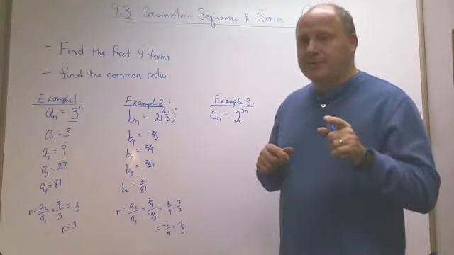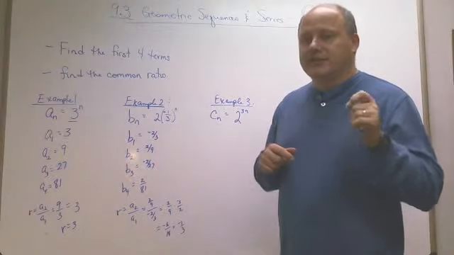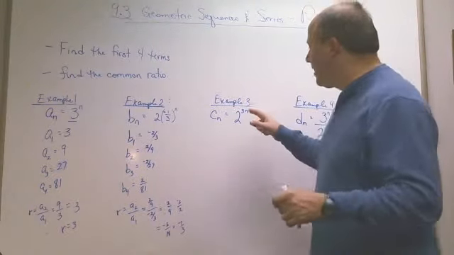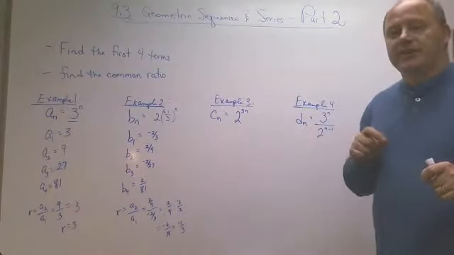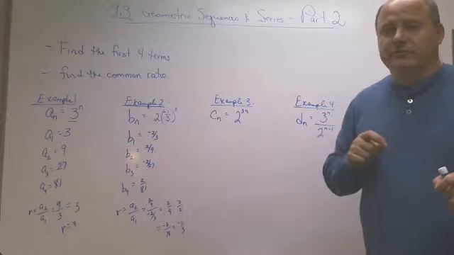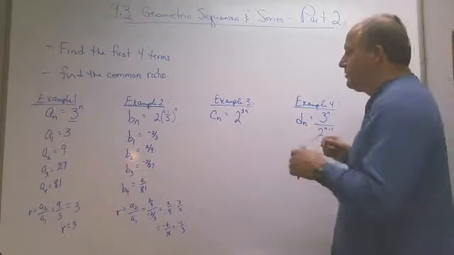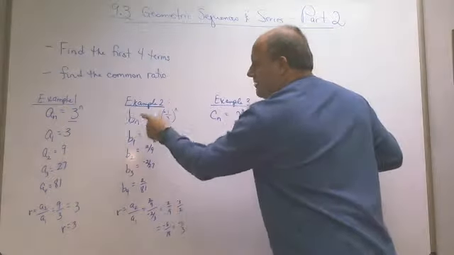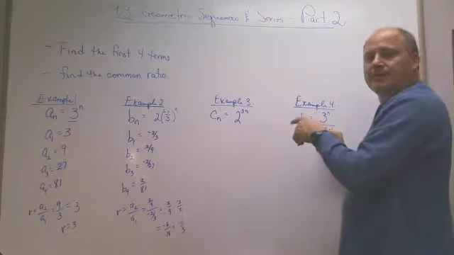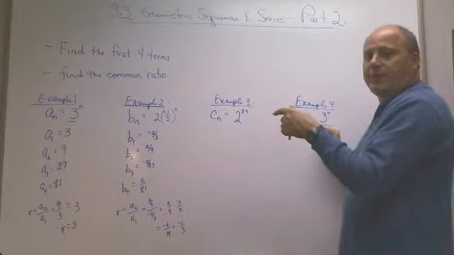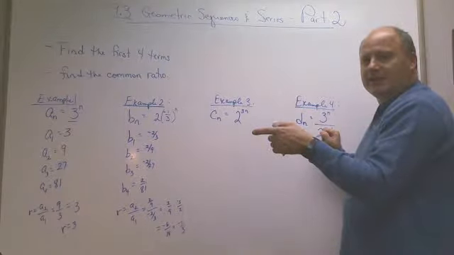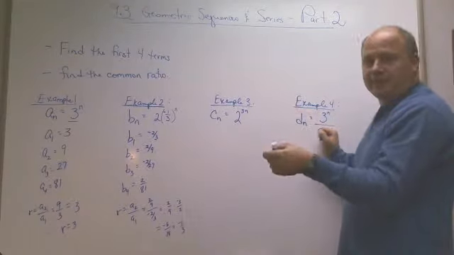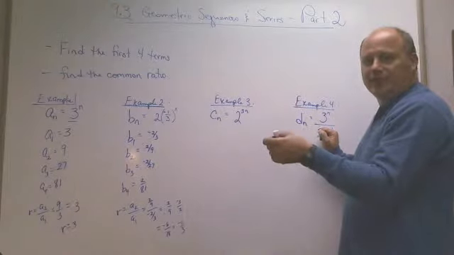That statement, what's underneath the n, is going to help me with example 3, because when you look at example 3, what's underneath the n is not just 2. So let's do some here. By the way, a sub n, b sub n, c sub n, d sub n are just different sequences. They don't always have to be a sub n's, just like functions don't always have to be f of x. They can be called g of x, h of x, j of x.